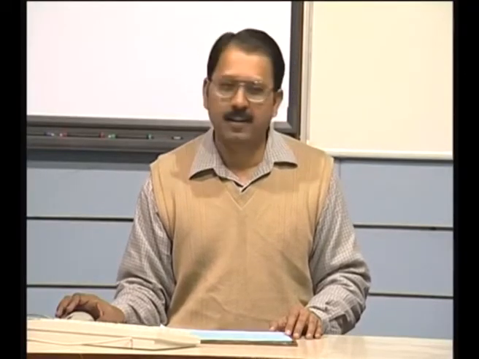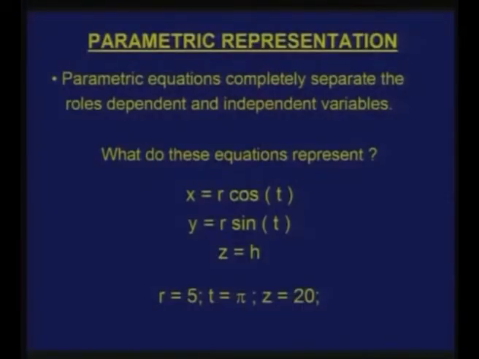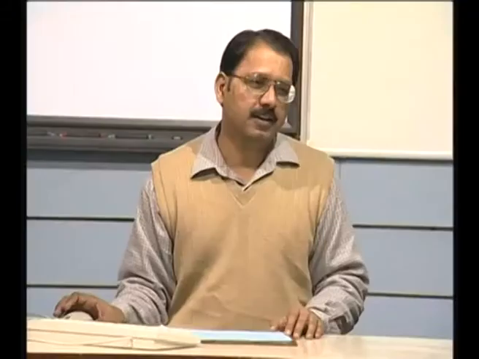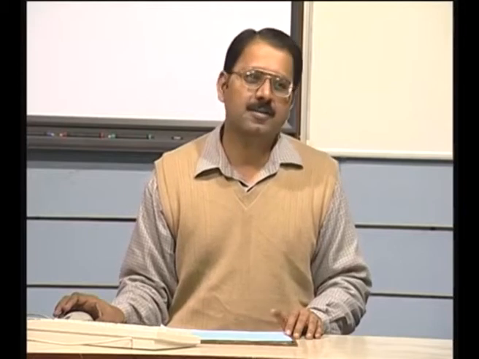For example, if you look at the values given at the bottom for r, t and h, r is fixed, which is 5 units, t is equal to pi and z is equal to 20. If I substitute these in the equation, I get a unique value for x, y, z. So, it is a point. It is not a curve, it is not a surface, and it is not a solid.